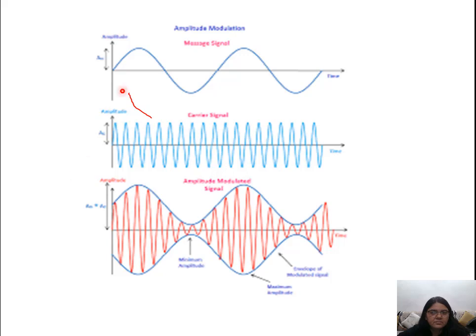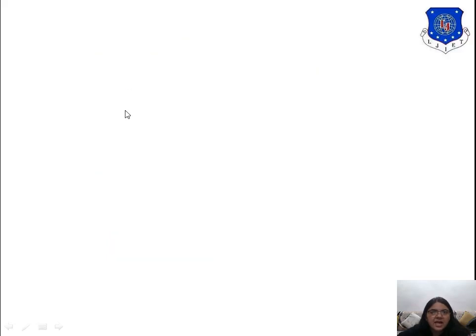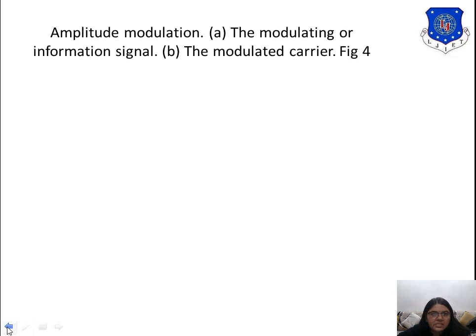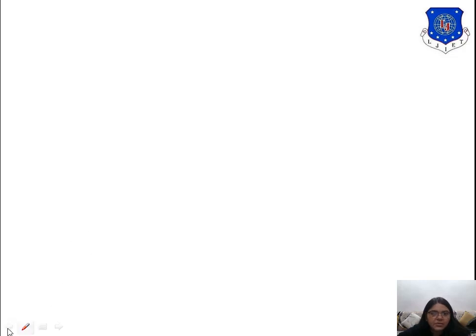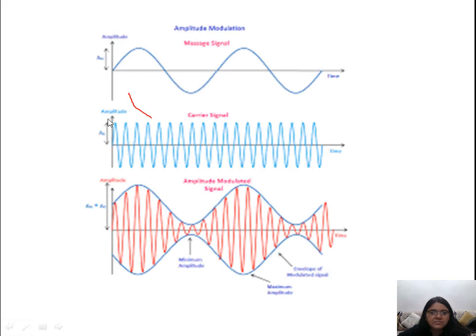Here you can see that the amplitude of the modulating signal is 0, so there is no change in the carrier amplitude. As the modulating signal amplitude increases, the carrier amplitude increases.